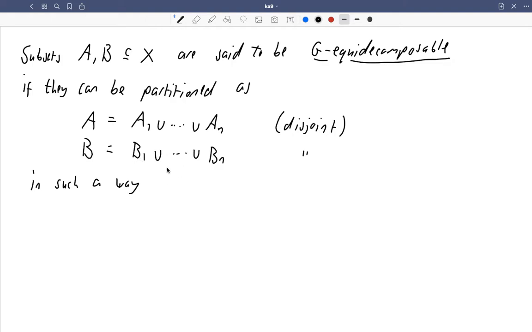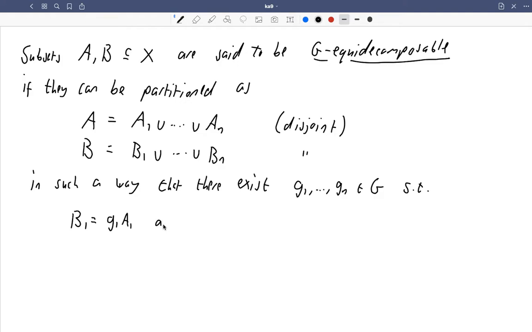So in such a way that there exist corresponding elements of the group, little g1 through to little gn in the group G, such that we get B1 by shifting A1 using g1, and similarly for all the others, all the way through till we get Bn by shifting An using little gn.